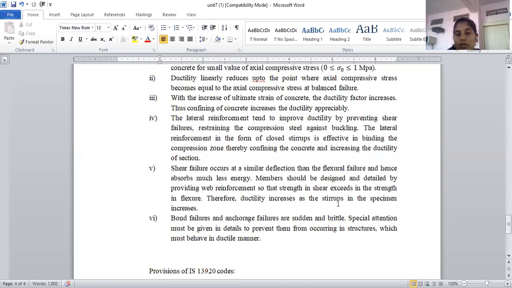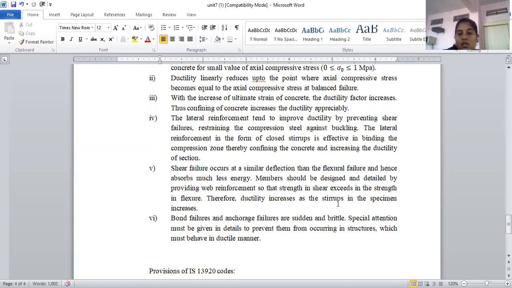If such failures are there, automatically it will reduce the ductile detailing, that is the ductility of the structure. So we should give careful attention to reduce this shear failure and reduce the deformations that will occur in the structures.